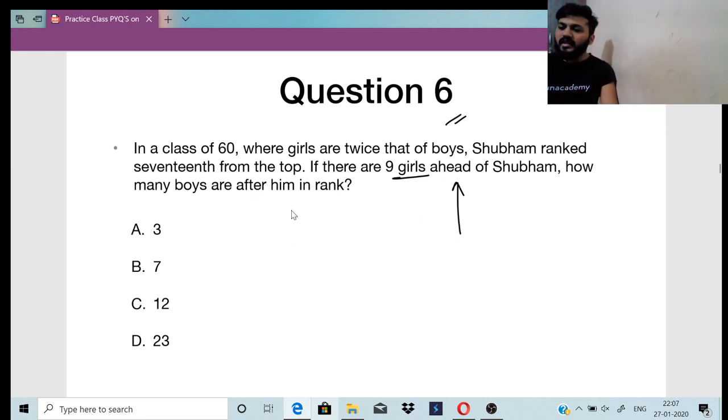So I will give you an equation, solve it. Girls are twice that of boys, right? So it is 2b plus b is equal to 60. So tell me the answer now.